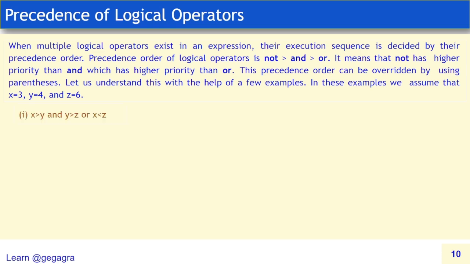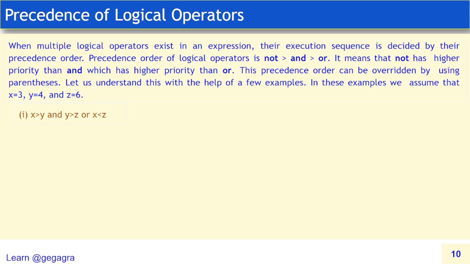The first example: x greater than y and y greater than z, or x less than z. So x greater than y, no, is false. y greater than z, no, is false. Or x less than z, yes, this is true. Means the and part is false but the or part is true.